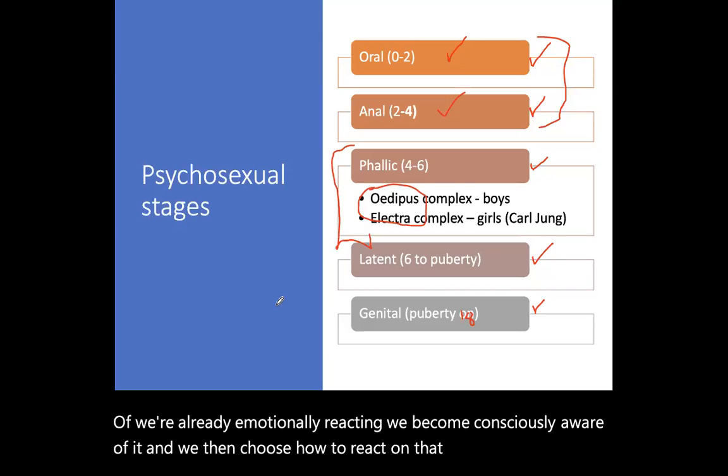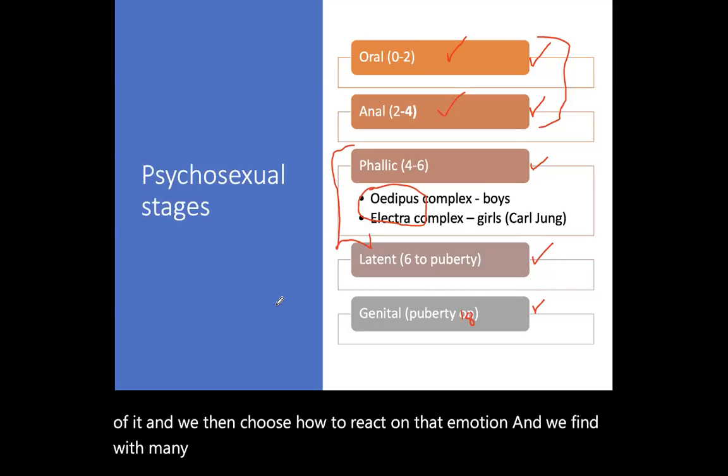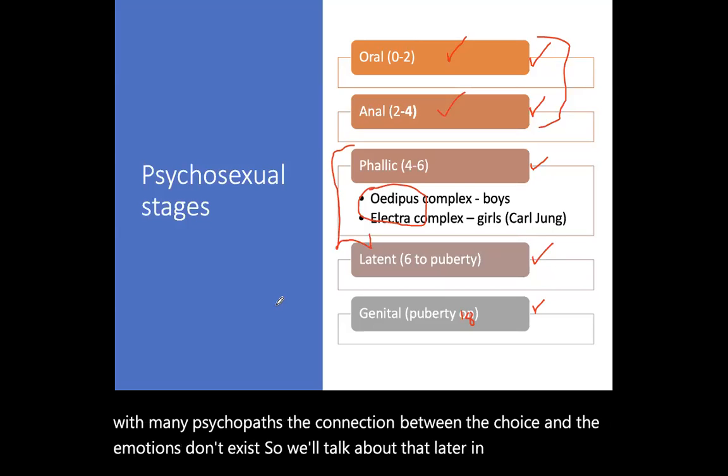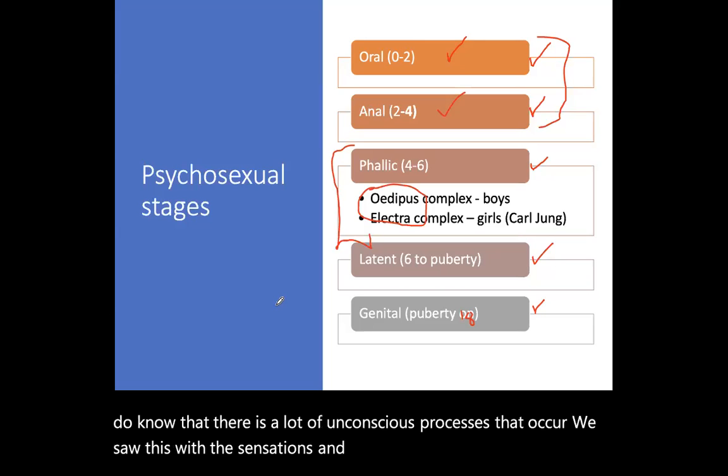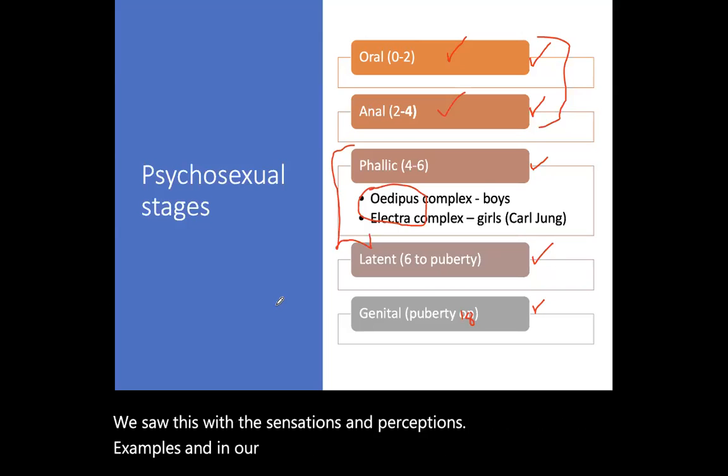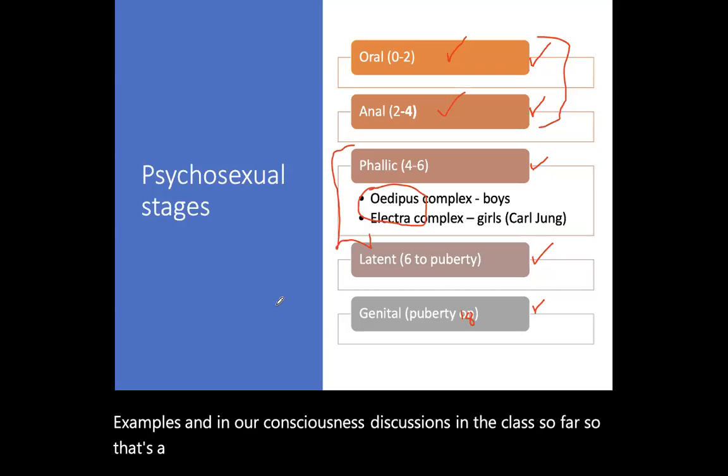And we find with many psychopaths, the connection between the choice and the emotions doesn't exist. So we'll talk about that later in the course. So we do know that there are a lot of unconscious processes that occur. We saw this with the sensations and perceptions examples and in our consciousness discussions in the class so far. So that's a critique of his theory.